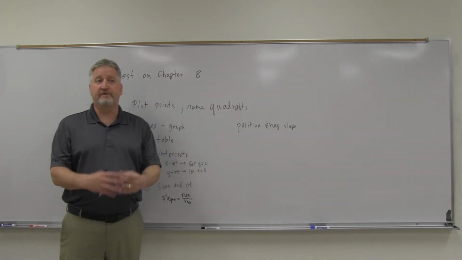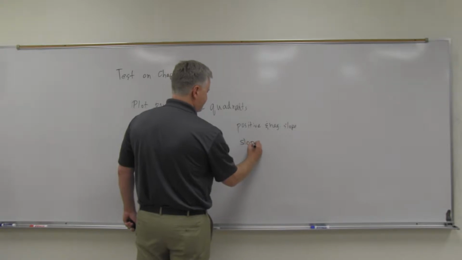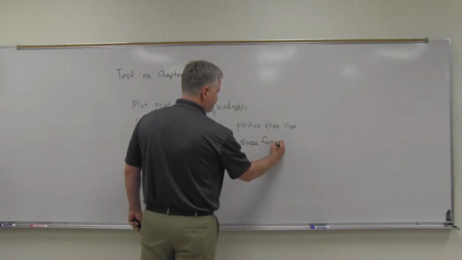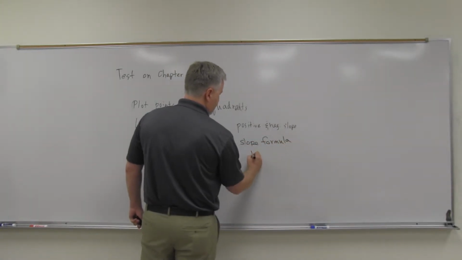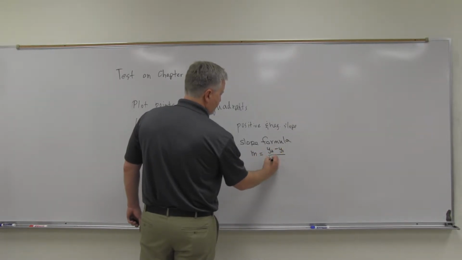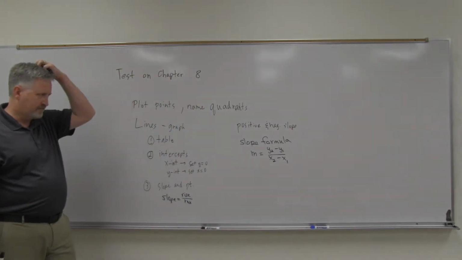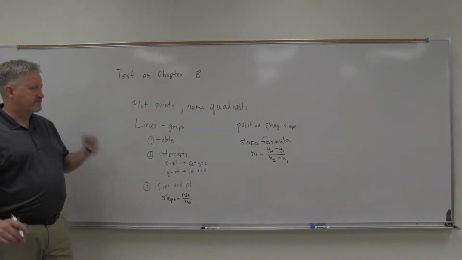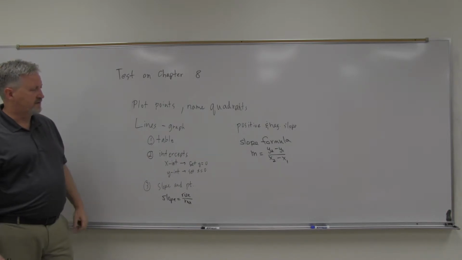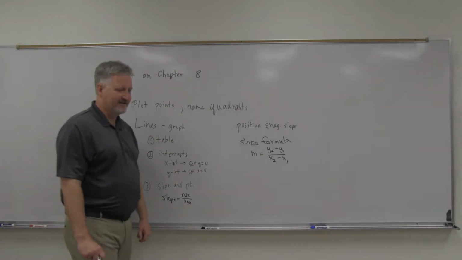So there's a couple of formulas probably should know. Slope formula is one of them, and it's one form of it, y2 minus y1 over x2 minus x1. Yeah, you just subtract the y's and then divide that by the x's subtracted. So know that one, of course. Definitely know that one.